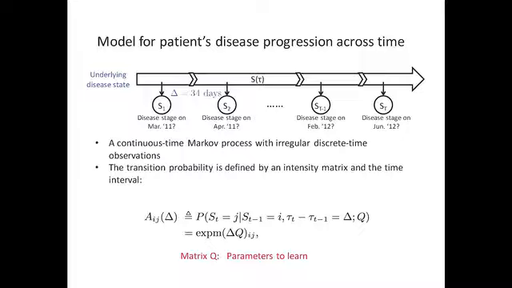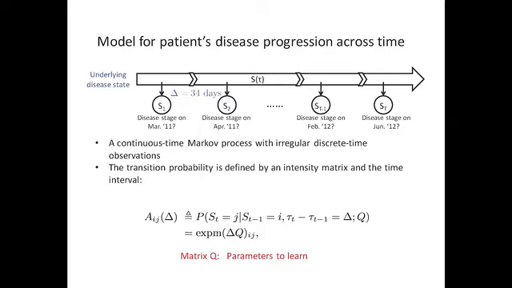Now, because the time intervals between stages are not homogeneous, we have to have a transition distribution that takes into consideration that time gap. And to do that, we use what's known as a continuous time Markov process.